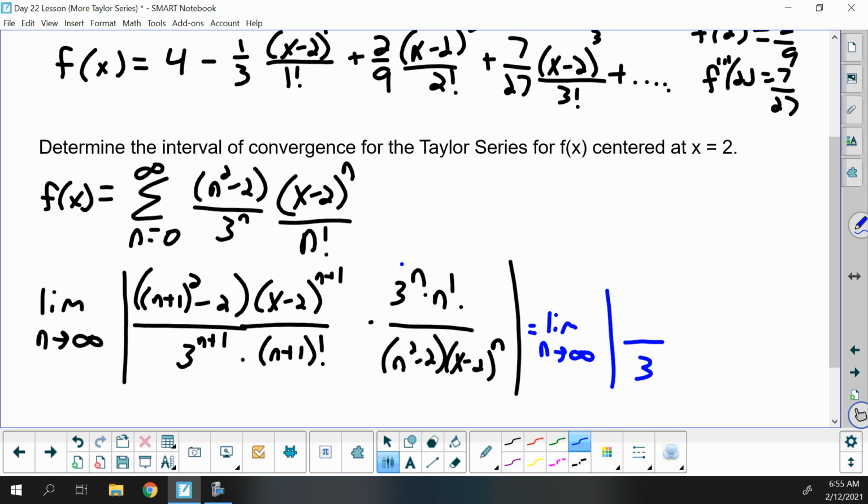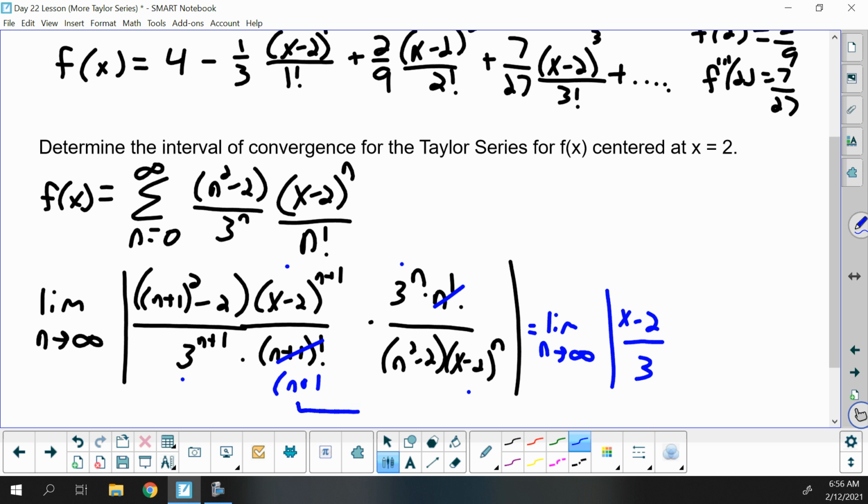So that'll take care of those. For our x minus 2's, we're going to have 1 extra in the numerator. And then for our factorials, that's going to be gone, and this will now just be an n plus 1.